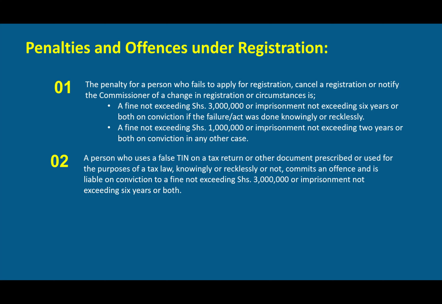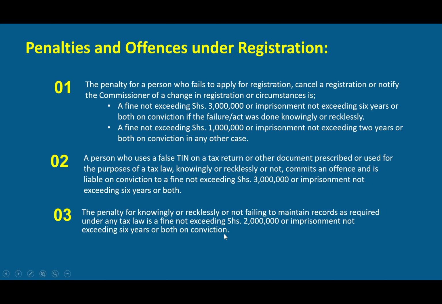I don't want to mess around, because a person who uses a false TIN on a tax return or other document prescribed or used for the purpose of a tax law, knowingly or recklessly, commits an offense and is liable on conviction to a fine not exceeding 3 million, or imprisonment not exceeding 6 years, or both.